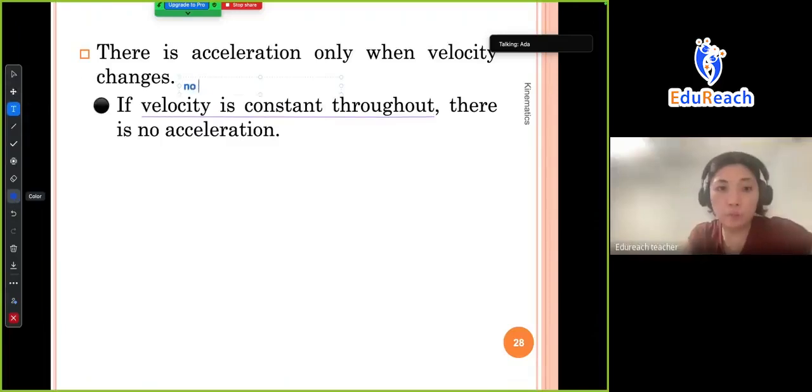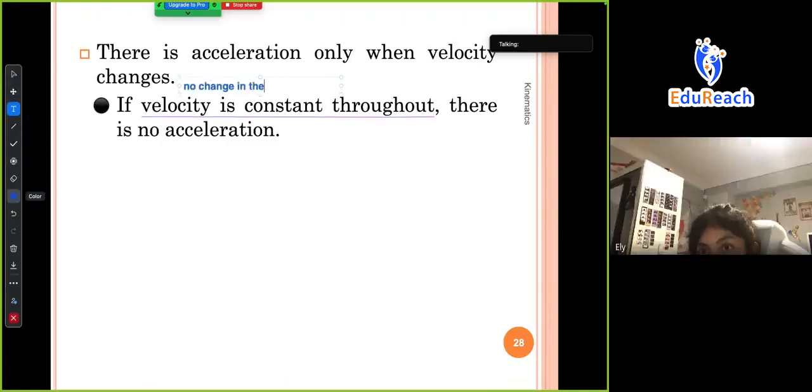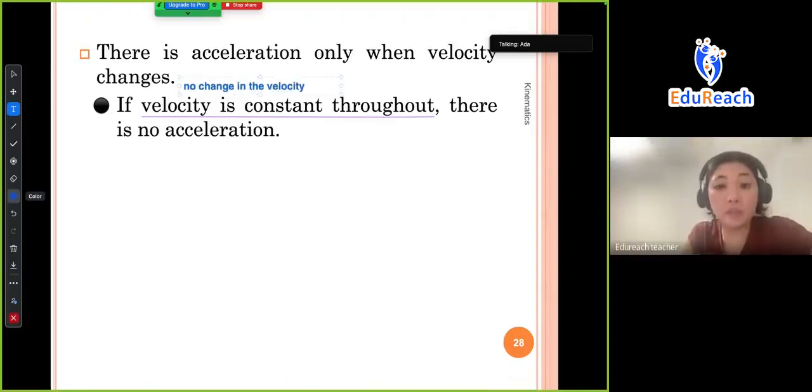There is no change in what? The velocity. Yeah, so the velocity is the same throughout. It is traveling at a constant velocity, right? So for example, the velocity is 5 meters per second over however long it travels. Throughout that whole period, it is traveling at the same velocity. Yeah, there is no change in the velocity.